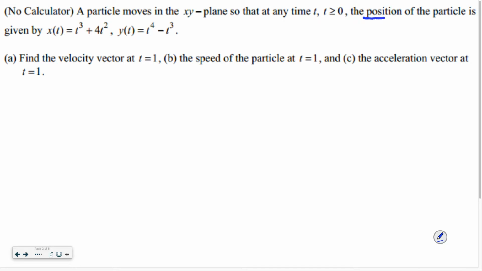Okay, the position of the particle is this. Please write it down. The position is described by this.